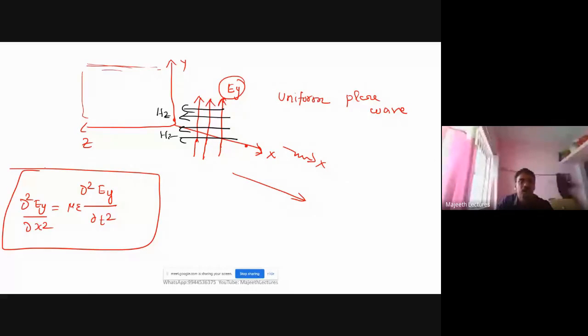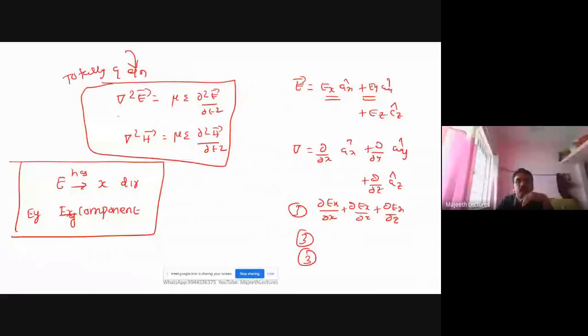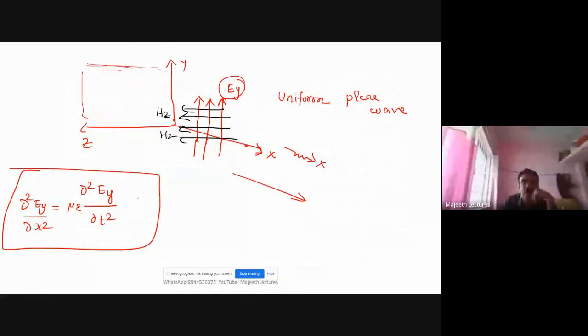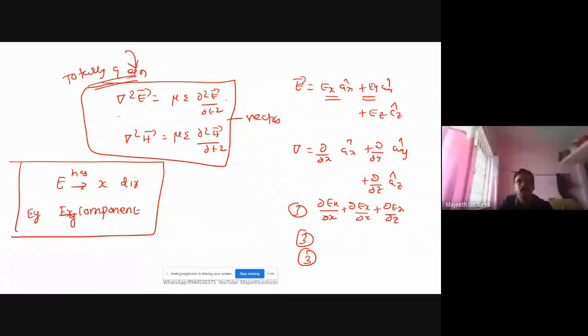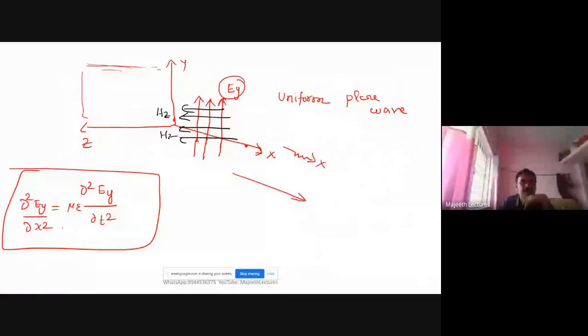That's what equation I converted. Here you see this was a vector equation, E vector. Here it is a scalar equation. It is nothing but a second order partial differential equation.